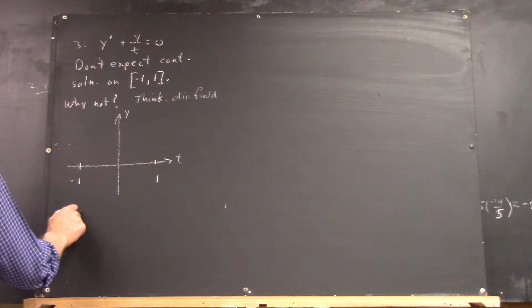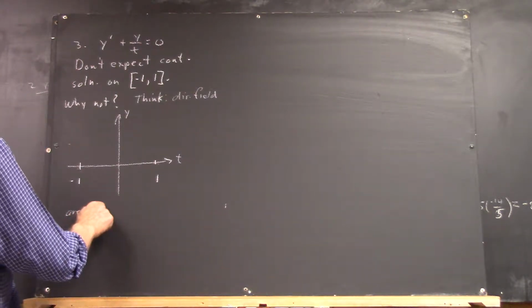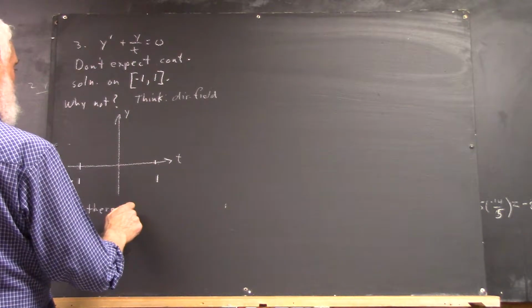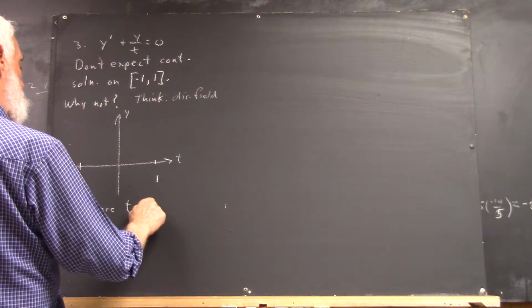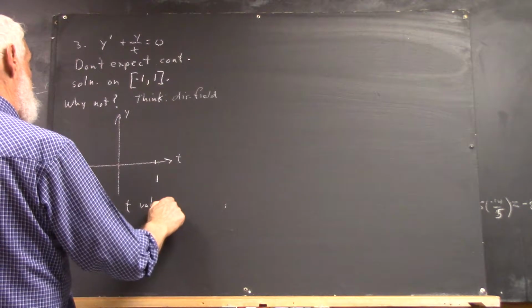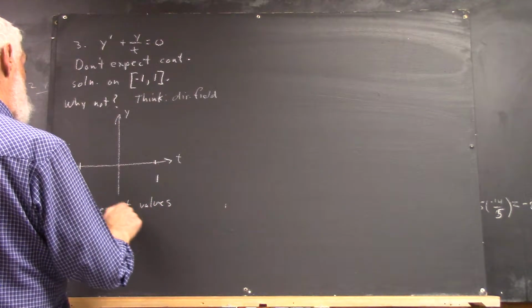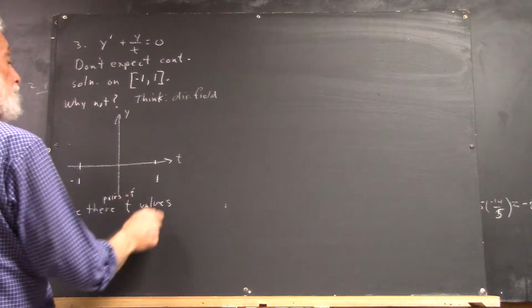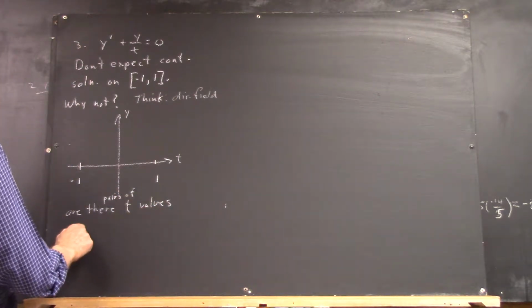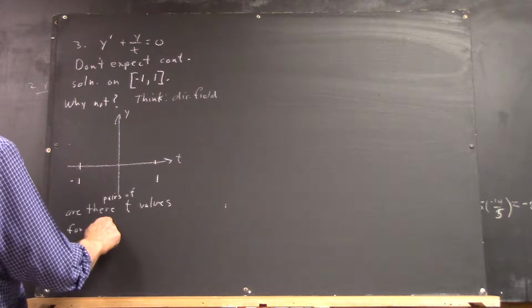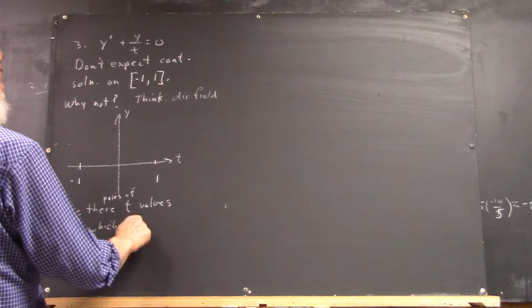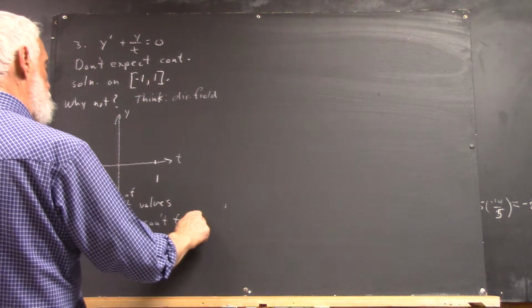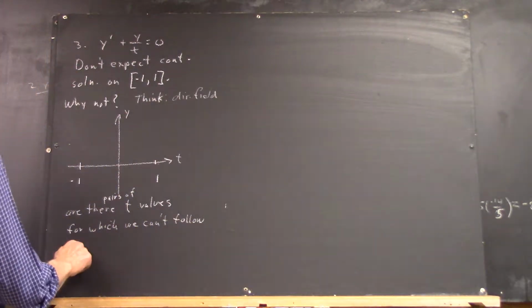So the question is, are there pairs of t values for which we can't follow the direction field?